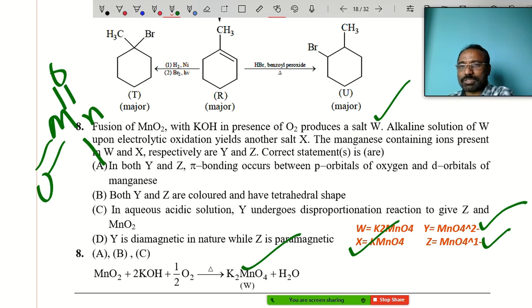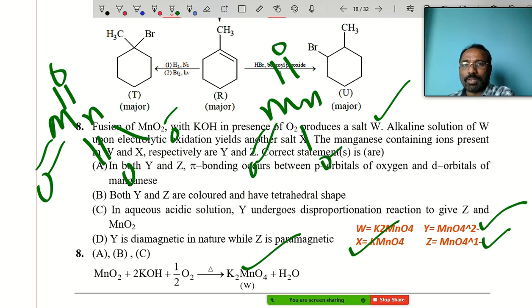In permanganate and manganate ions, double bonds are present. The double bond is formed between the d orbital of Mn and the p orbital of oxygen. The permanganate ion does not have an unpaired electron, therefore it is diamagnetic. But the manganate ion has one unpaired electron, therefore it is paramagnetic.